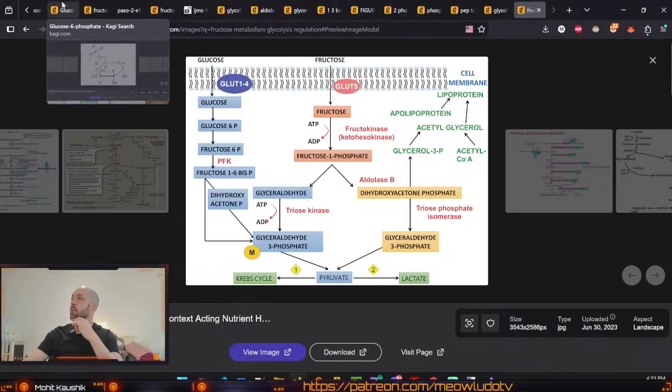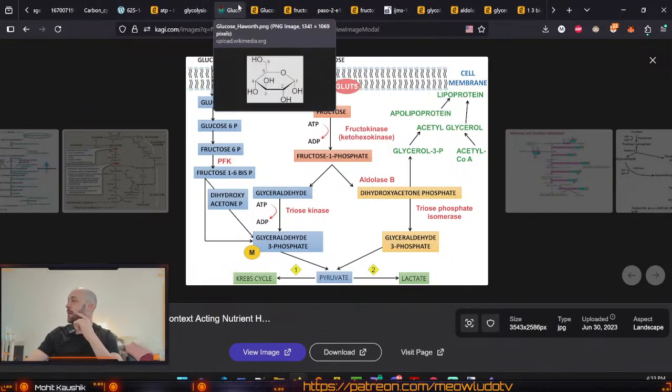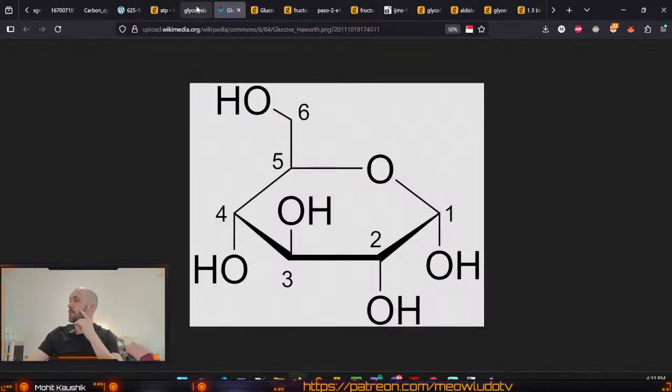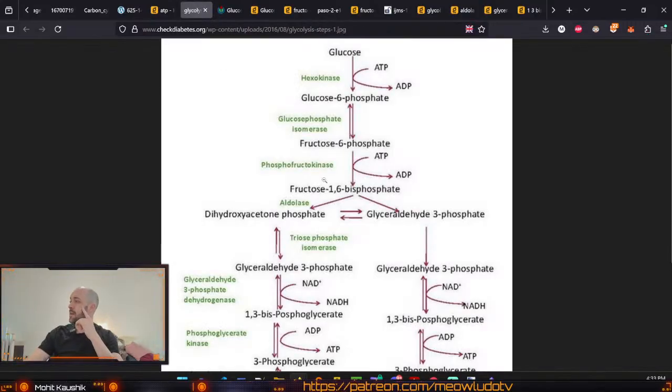So if we have a look at what that looks like back here, it actually enters here on the pathway, the equivalent. It has a separate chain that looks kind of like this, but it enters here. Why is this important?